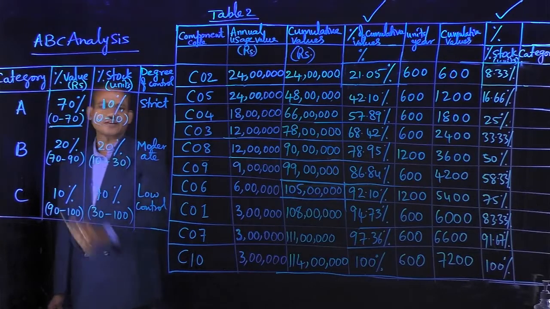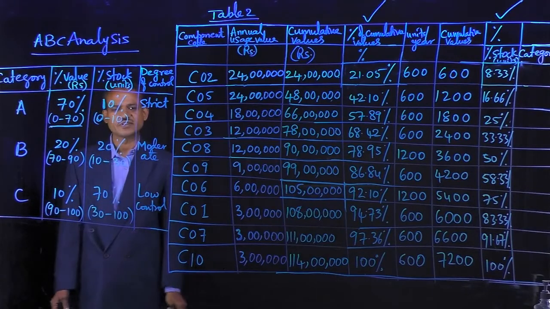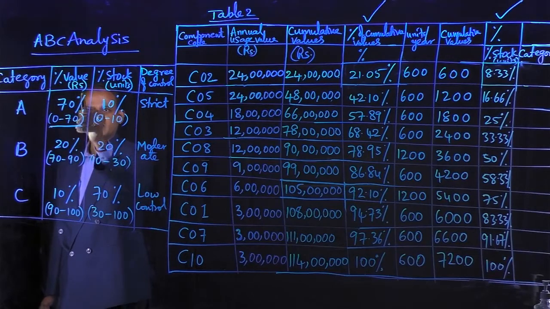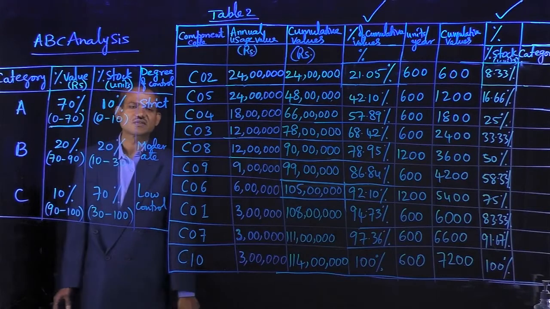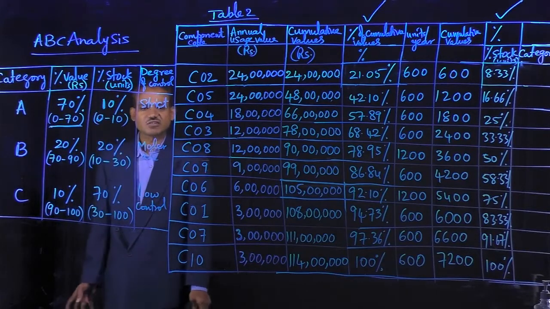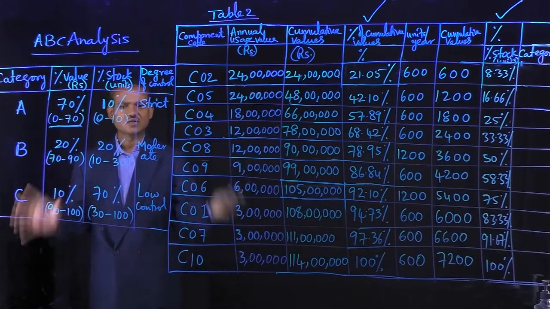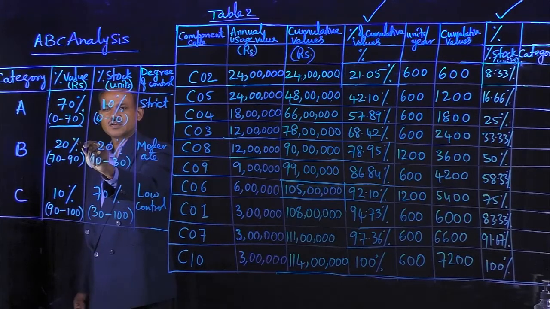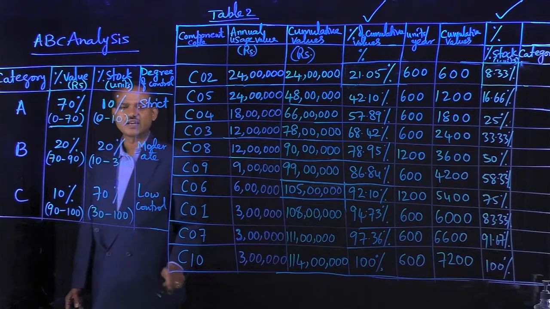For B class items, moderate control is sufficient. Observe this range, the percentage value represented in rupees is 20%. Its cost is moderate, not low value, not high value. How much percentage? 20%.